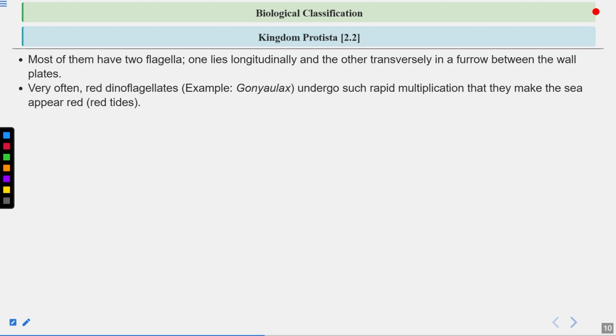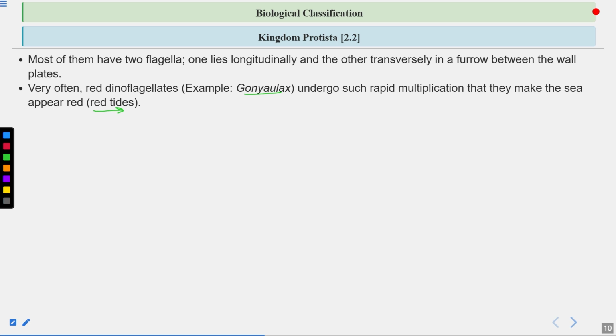Now, very often red dinoflagellate known as the Gonyaulax. So this is again very important. Gonyaulax, this is known as the red dinoflagellate. This undergo rapid multiplication such that they make the sea appear red, which is known as red tides. So Gonyaulax secretes a red color toxin, and this red color toxin makes the sea appear red.